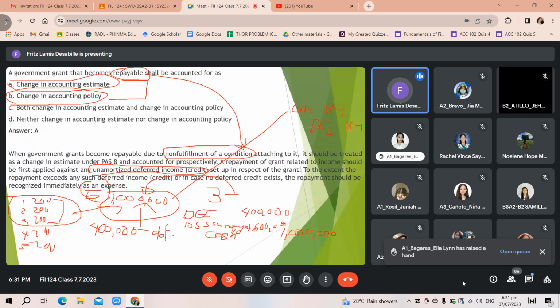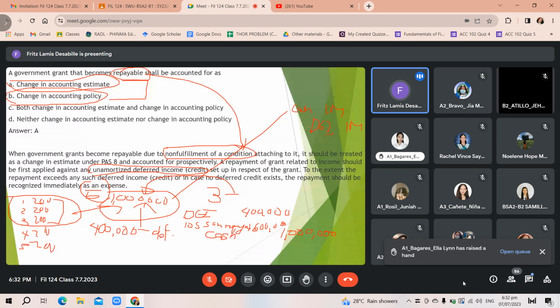So therefore, since we have an obligation pa, we don't have the right to recognize income yet. So over 3 years, just an example, equal ang recognition nga 200,000 per year. So therefore, ang 1 million nato nga deferred grant income, nabuhinan siya 200,000 on year 1, 200,000 on year 2, 200,000 on year 3.